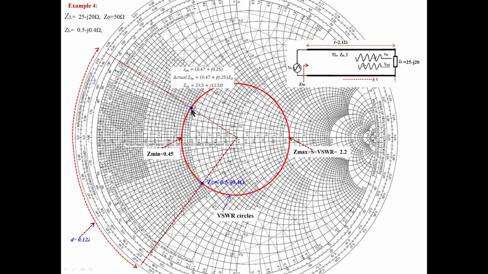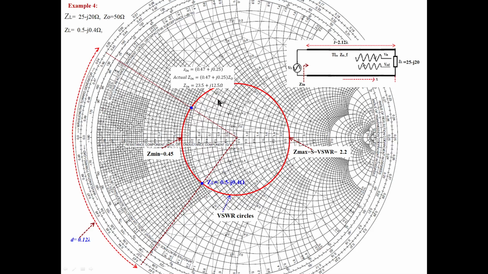So it is a resistance value and a reactance value at this position. The reactance is somewhere here: 0.2 is there, 0.3 is here, and in between, about 0.25. And the resistance value I have read is 0.47.